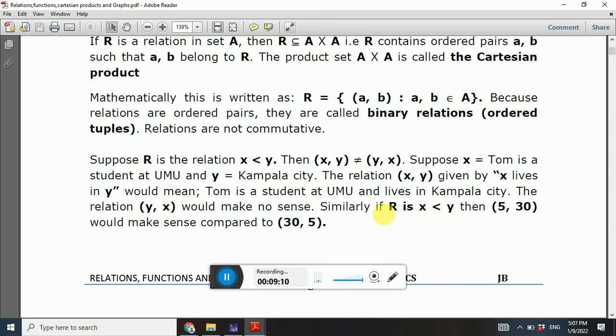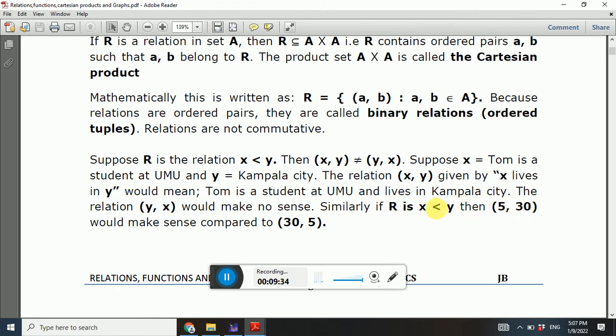The same applies to, for example, this relation R, where the rule is that X has to be less than Y. So if X is less than Y, it means that you have pairs of two elements, but the first one is smaller than the second one. For example, here 5 is smaller than 30.